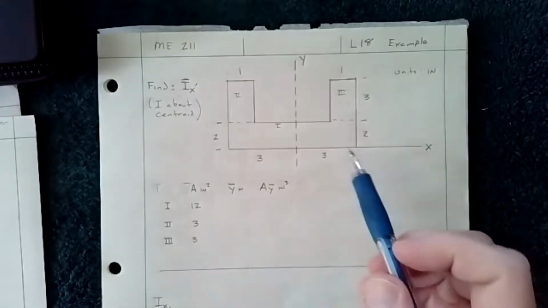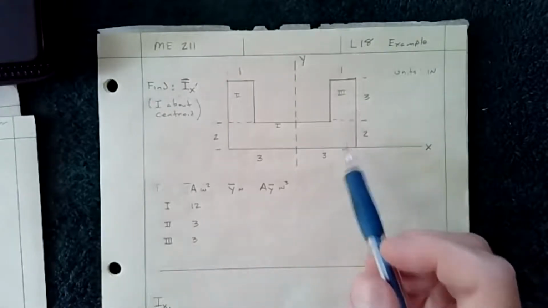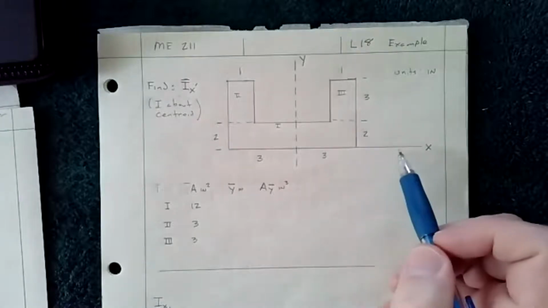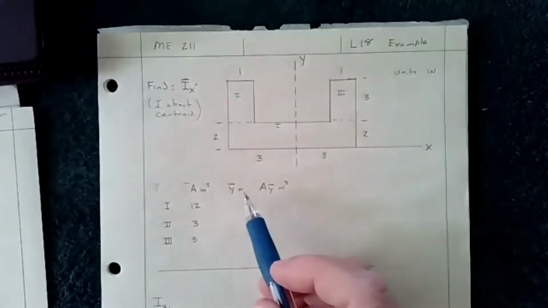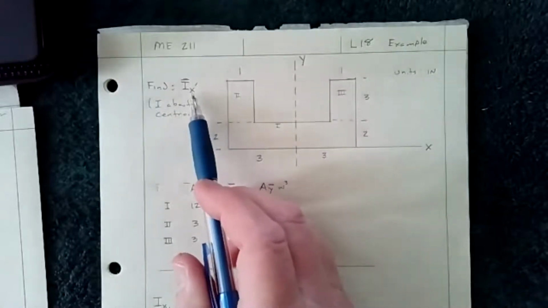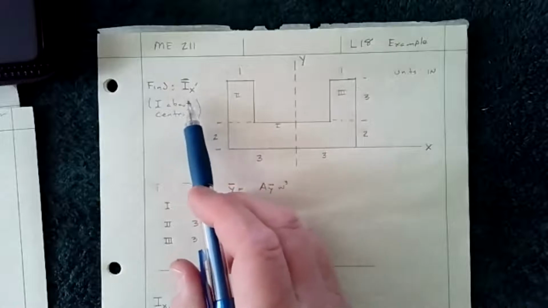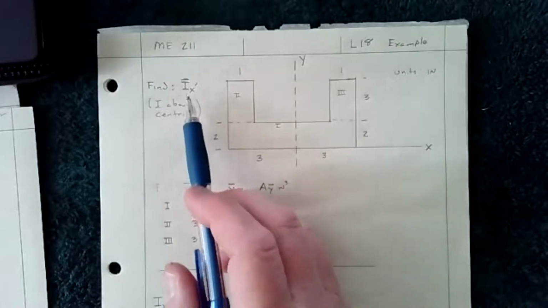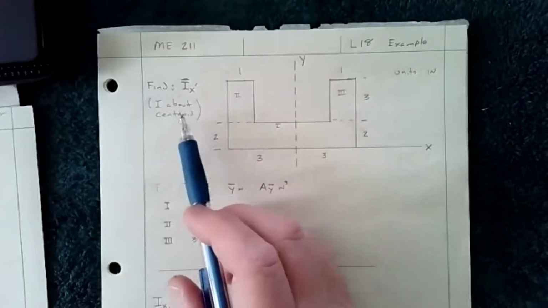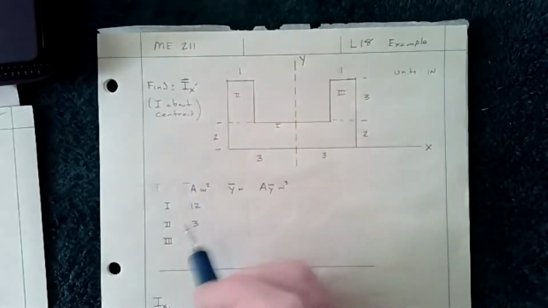Then we look at y bar with respect to the x-axis. Again, we're only concerned with y bar, because we're going to find the moment of inertia about the x-axis. If we were trying to find the moment of inertia about the y centroid, Iy, then we would have to find the x centroid.